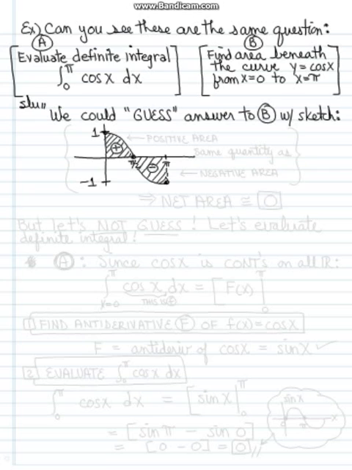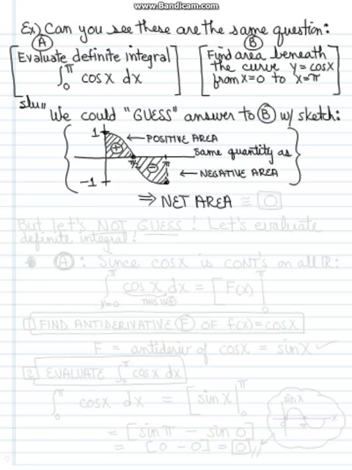The positive area above the curve is the same quantity, if we drew this carefully, as the negative area below the curve. So that gives us a really good idea of what's going on here. That implies that the net area is the positive minus the lower, which would give us 0.